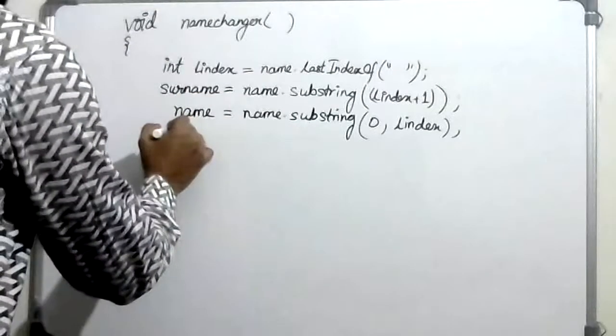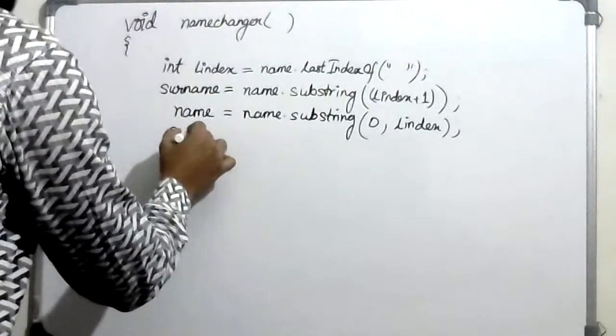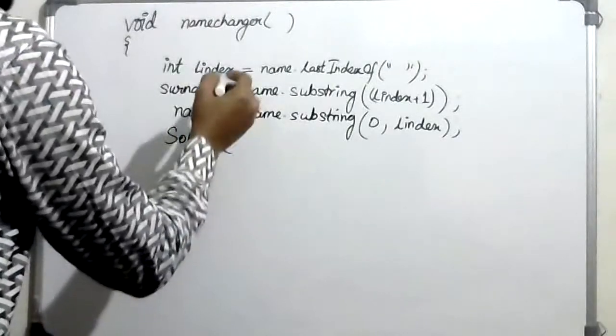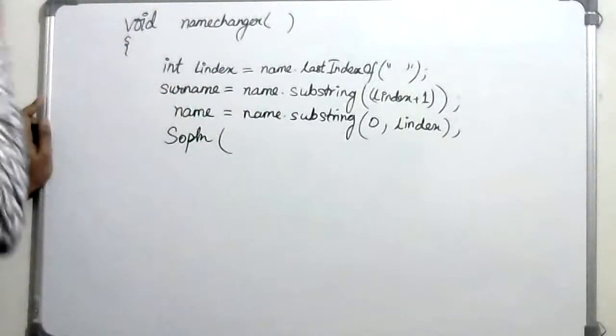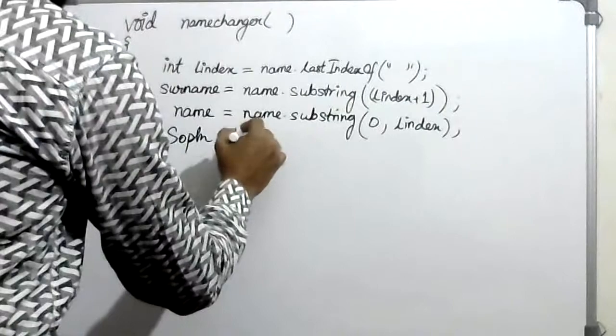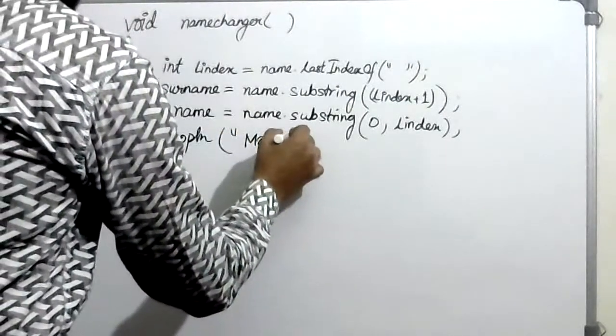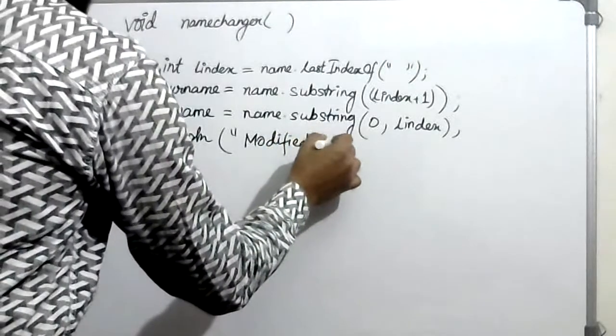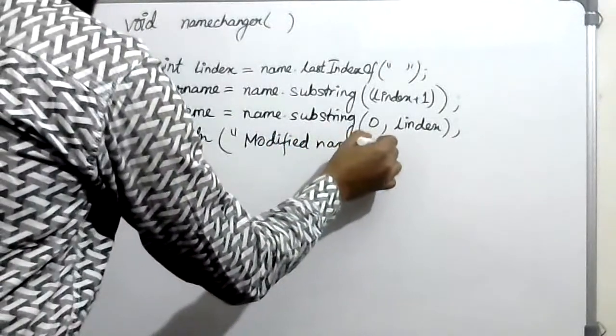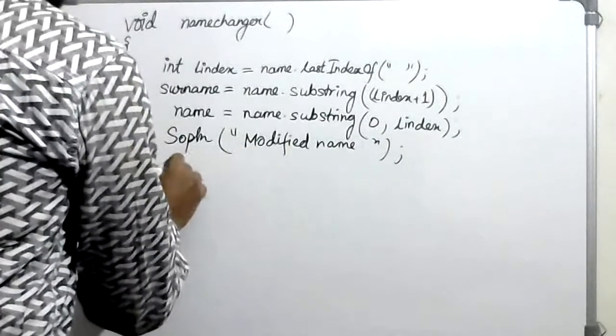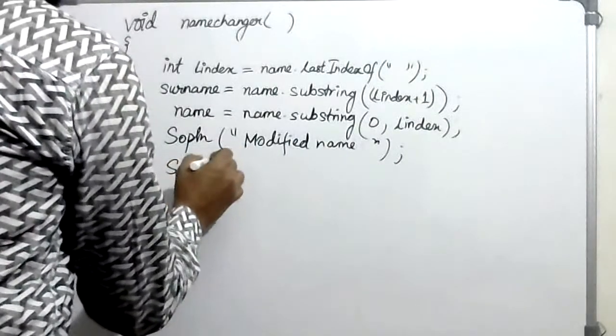Now we'll just display a message, modified name, and then we'll display the changes.